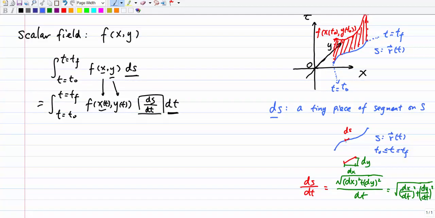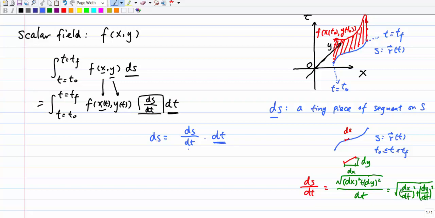So ds can be written as ds/dt times dt. The ds/dt is the rate of change of s, times the little dt.